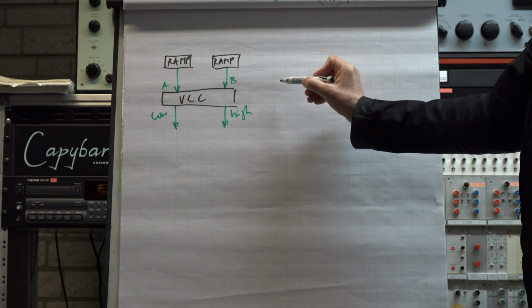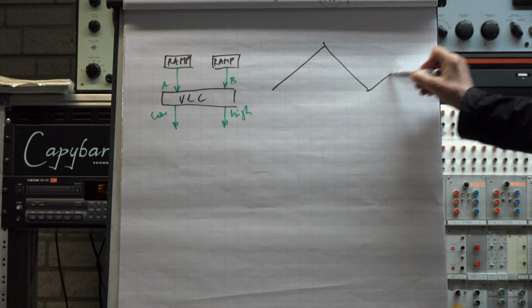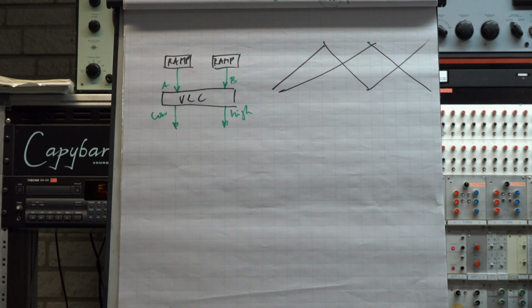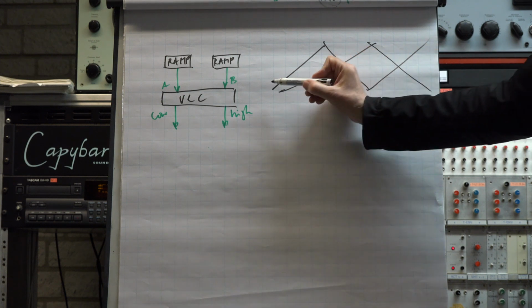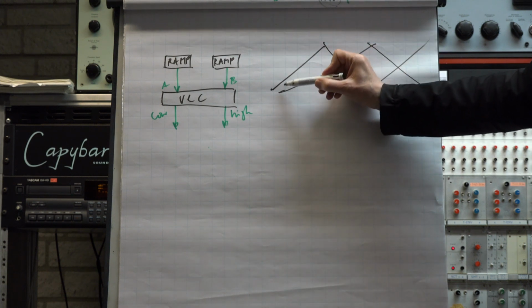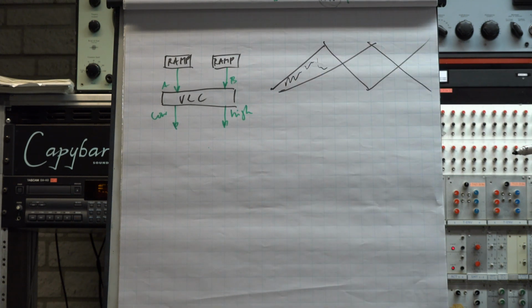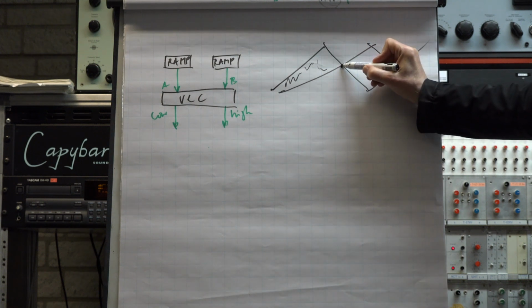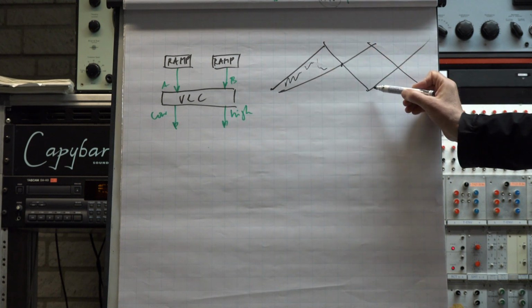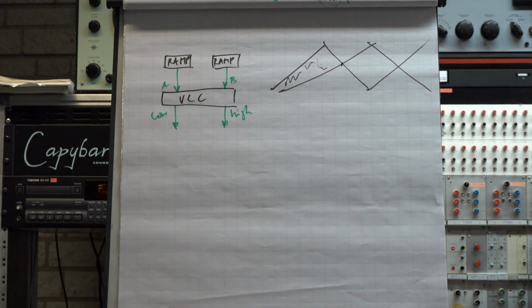Let's say that these two triangle waves have two different frequencies, otherwise it would not make so much sense to use them at all. Then here, let's say that this is the one that would be controlling the highest limit of the random signal. Everything is fine, there is space for this random signal to fluctuate. But here, after this point, things tend to go wrong, because the higher limit now drops below the lower limit.